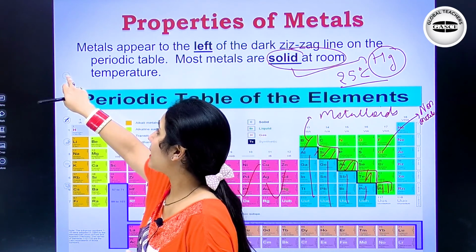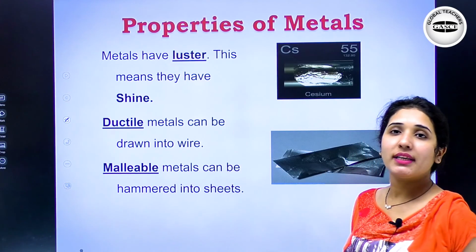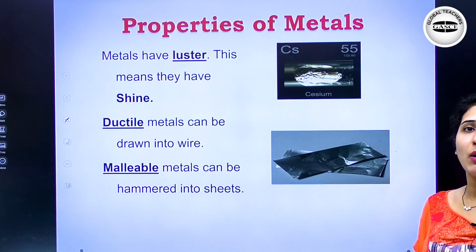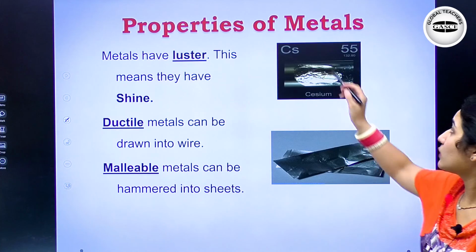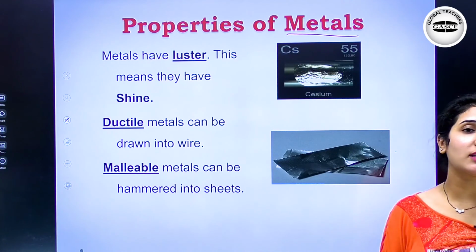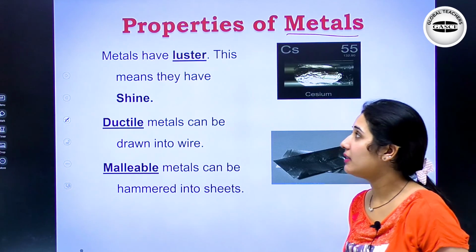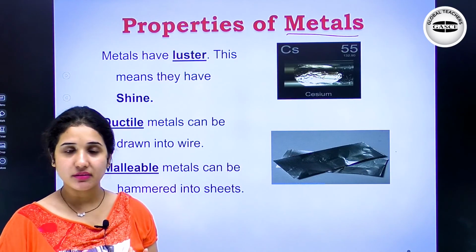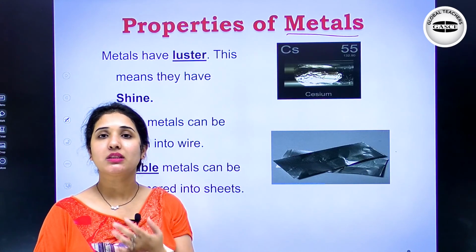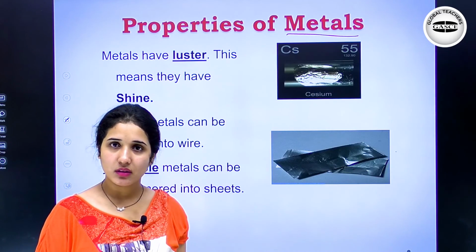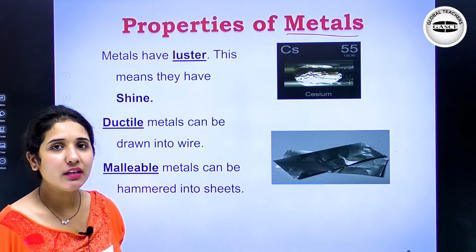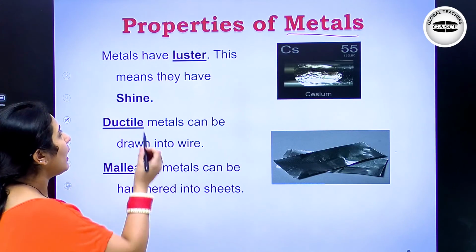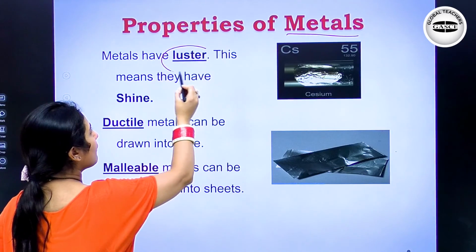Okay, let's move next. So these are the properties. Now we'll be discussing the properties of metals. So all the metals, whatever metal we talk about, be it iron, silver, gold, aluminium, whatever metal we can think of, all the metals have a luster.